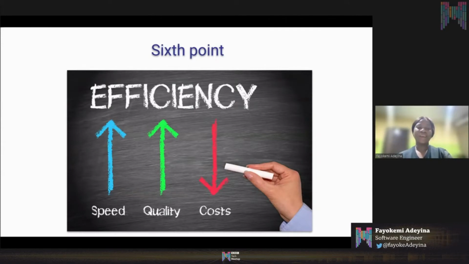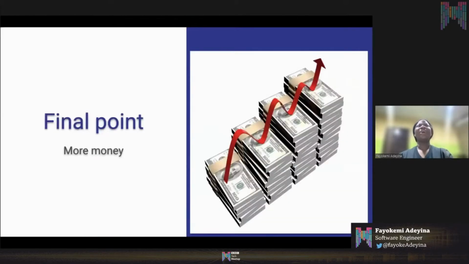So I have a diagram showing speed, quality, and then cost. So the cost here is more like a scenario where the sales team or the marketing team has already gone ahead of you and pitched something to the client. This is flying. When you click on this button, you just see flying all around and the likes.